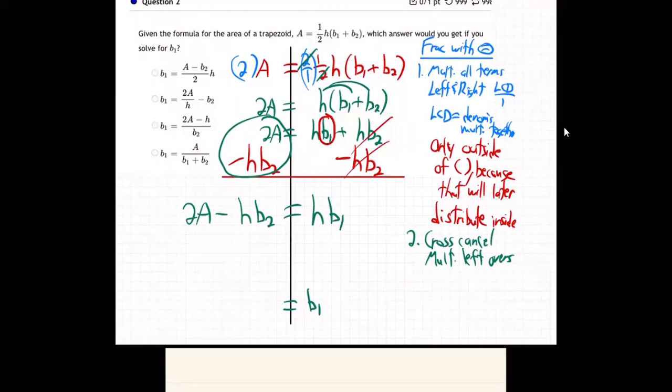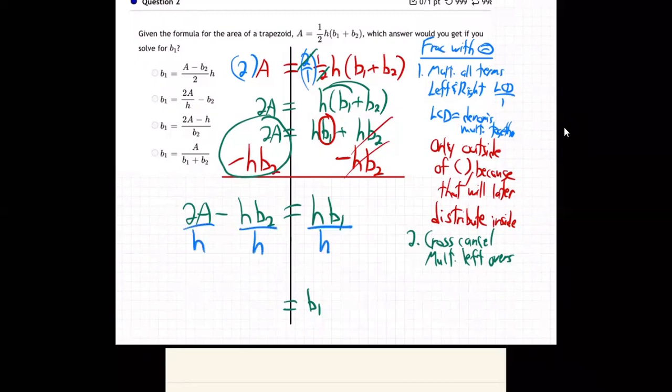And now, last step, I need to get B1 alone, right? Which means I need to separate it from this H. Well, how do you do that? Well, that H is multiplied. The H is right next to B1. Whenever two things are right next to each other with no symbol in between, we know that means times, and the opposite of times is divide. Now, careful, when you divide, what are you going to do? You're going to divide by the H, and here, and here.